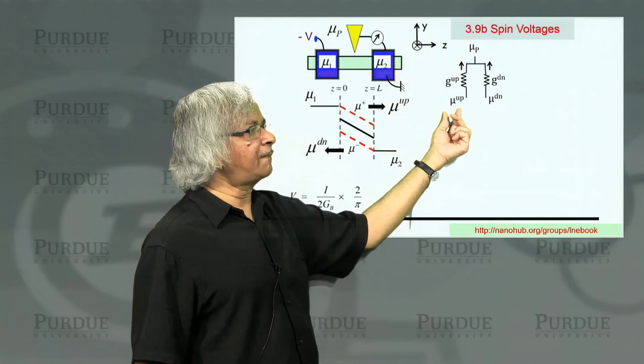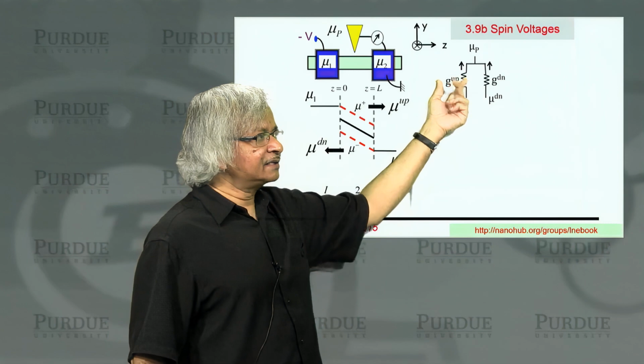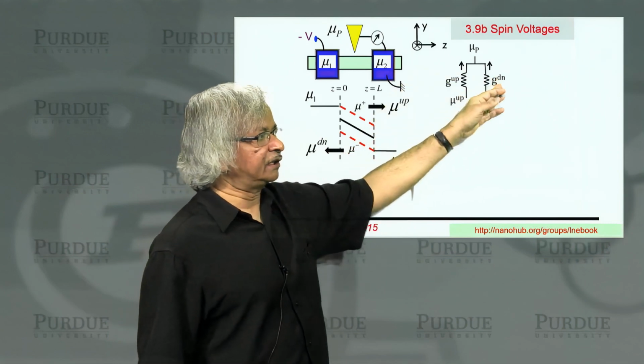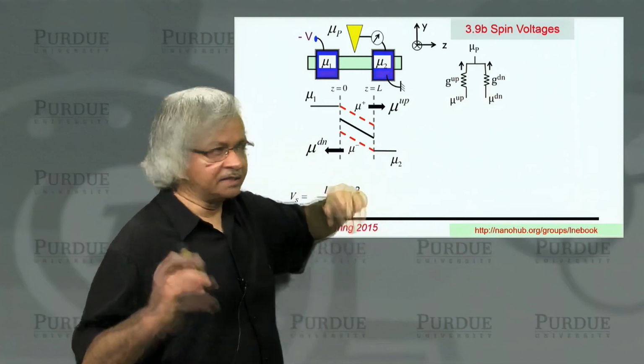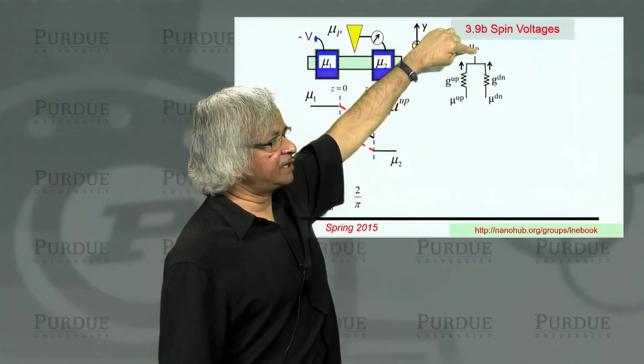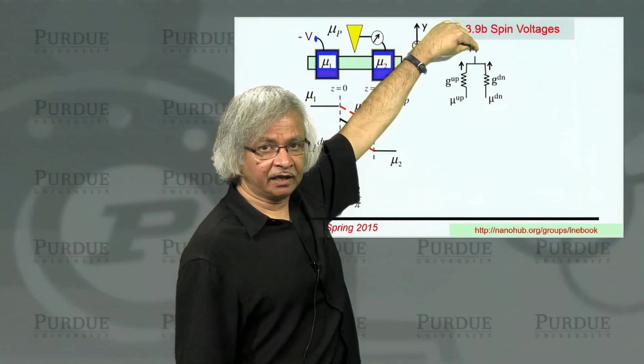Now we have a mu up and a mu down, and you could write the conductance associated with the up channel and the conductance associated with the down channel. And if you remember, the principle is the probe is a very high resistance thing, which does not draw any current.